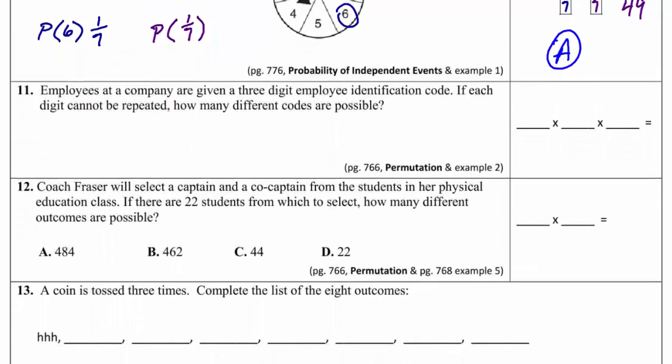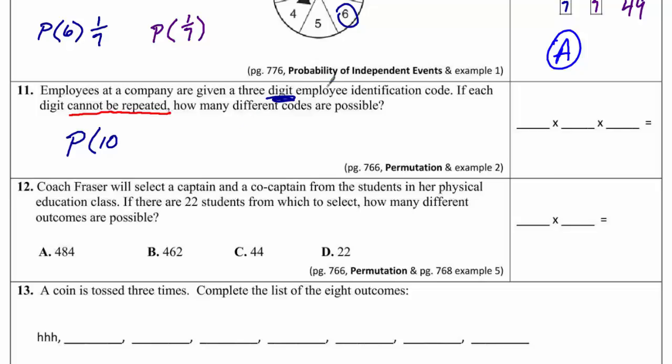Number 11. Employees at a company are given 3-digit employee identification codes. If each digit cannot be repeated, how many different possibilities are there? Well, this falls into the idea of permutations. And if you looked back at page 766 in example 2, you'd see that they're asking us to take 10 items.